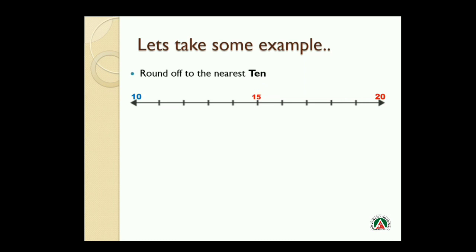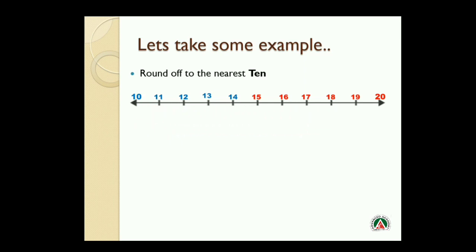You can say center point or midpoint, it is 15. And the others are 11, 12, 13, 14, 16, 17, 18, 19 and so on. You can change this, it might be 20 and the upper might be 30. So this is the tens number line.